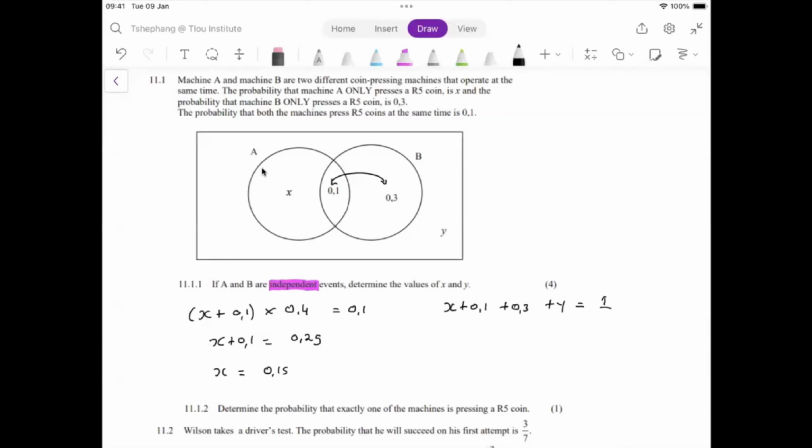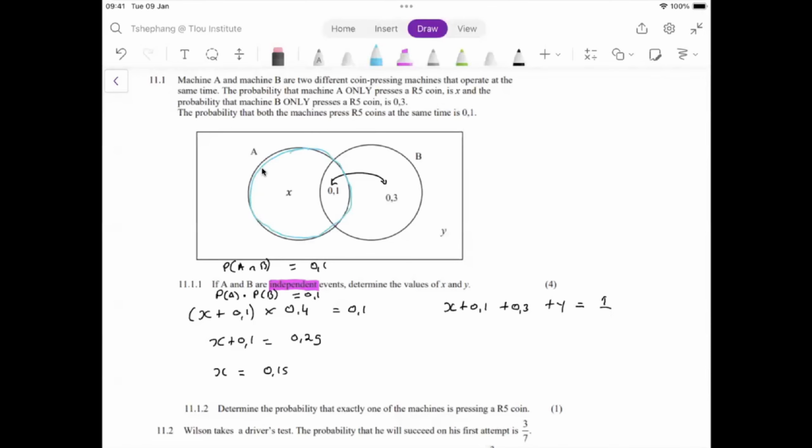So what I did, going back, I simply said the probability of A and B must be equal to their intersection, which is 0.1. Now, because they're independent, we simply say P of A multiplied by P of B. This is equal to 0.1. And then I substituted. A is this whole circle here.